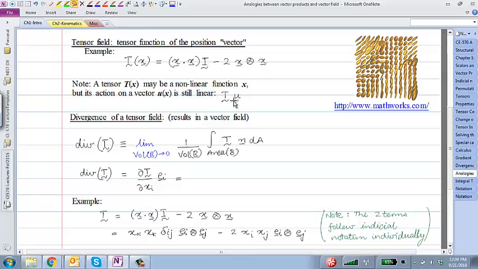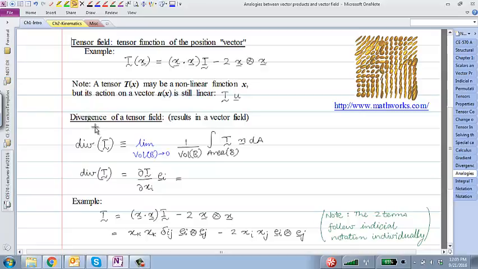Okay, a tensor is a linear operator. So even though a tensor could be a possibly non-linear function of x, t does not act upon x. T is only a function of the position, and t will act on u, some other vector also at that position. All right, so that's a quick introduction to what a tensor field might look like.